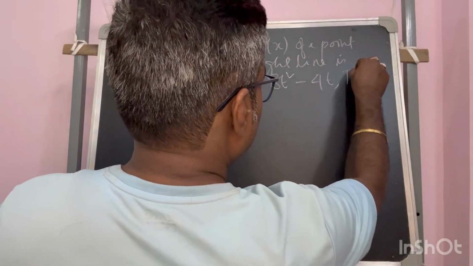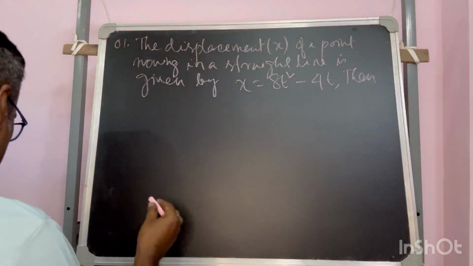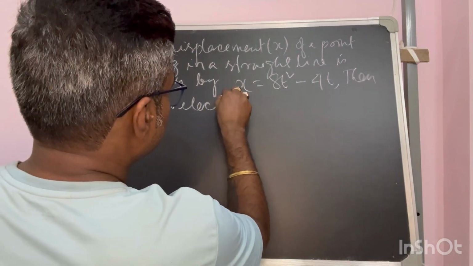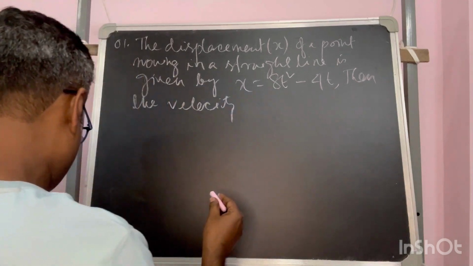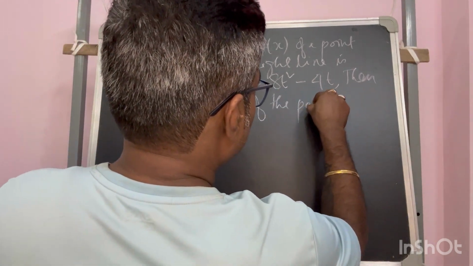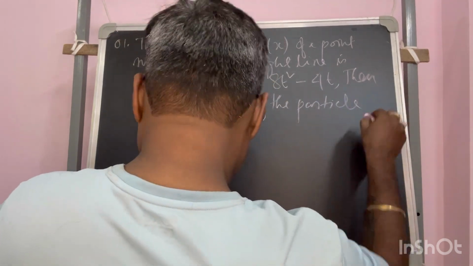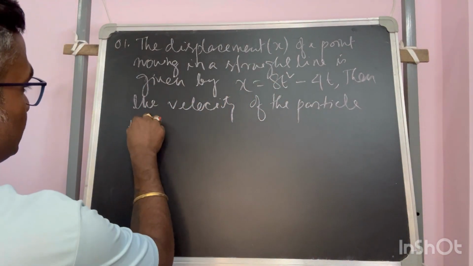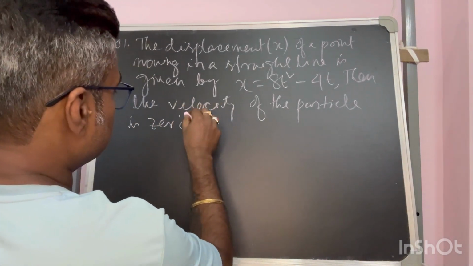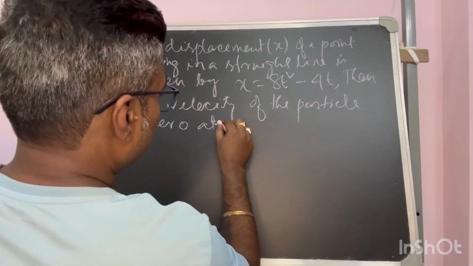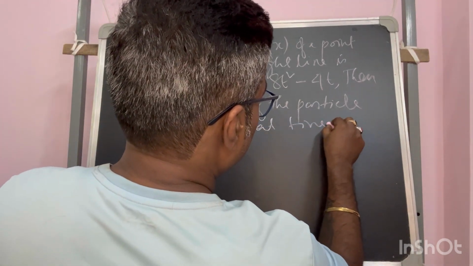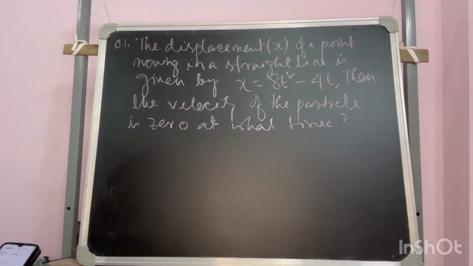Then the velocity of the particle is zero at what time? So you have to find the time at which the velocity is zero.